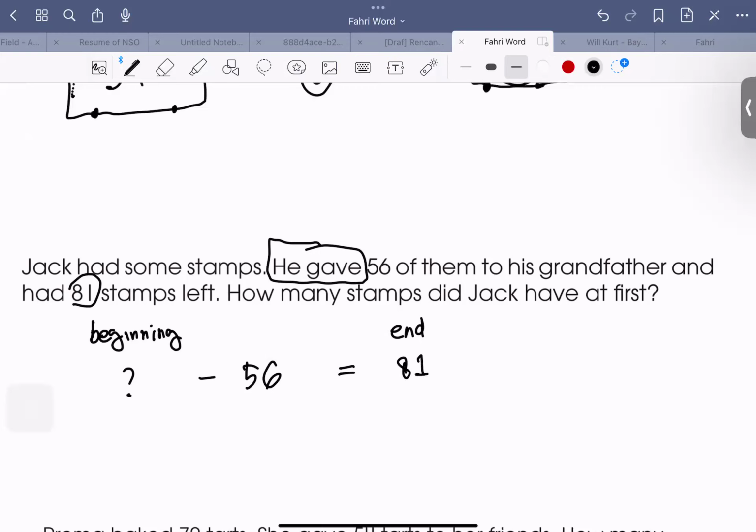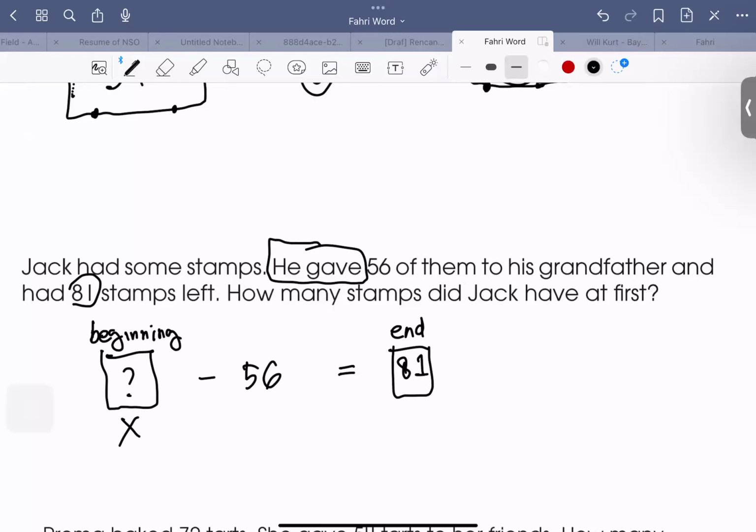So we need to find a bigger number than 81, because if you have, for example, X number and you reduce the number by 56, you will get 81.